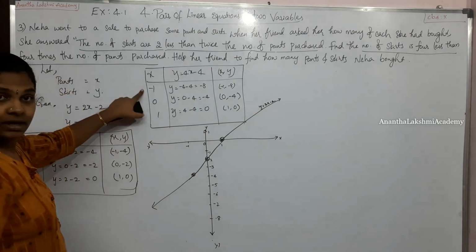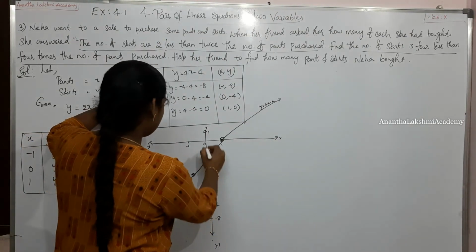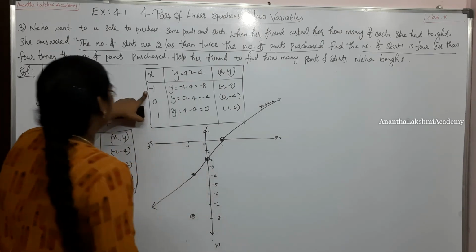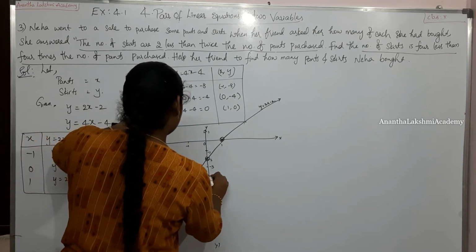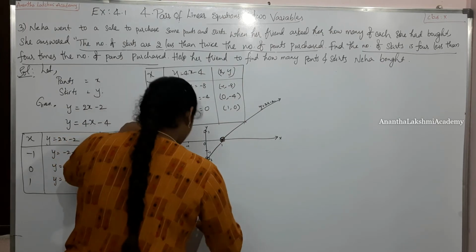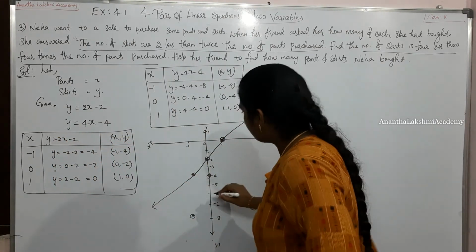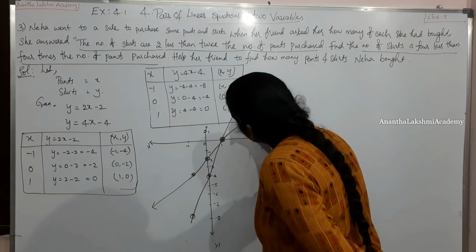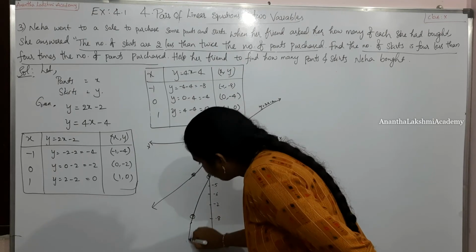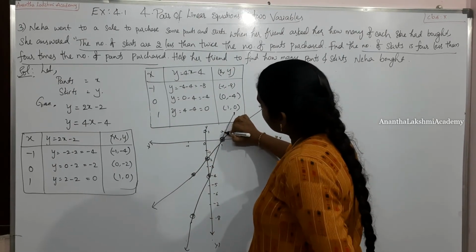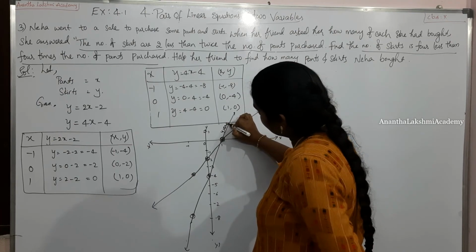And then for the second one, minus 1, minus 8. Here it is. For 0, it is minus 4. And for 1, it is the same point. So if you draw the graph for this, it is going to be like this. I'm going to extend it here and write it as y is equal to 4x minus 4.